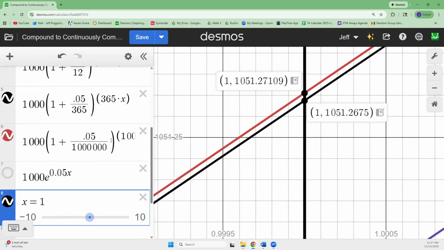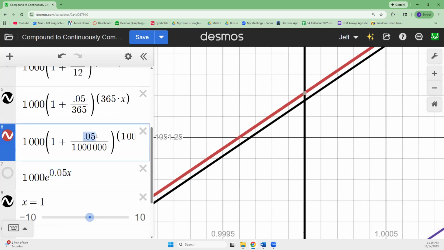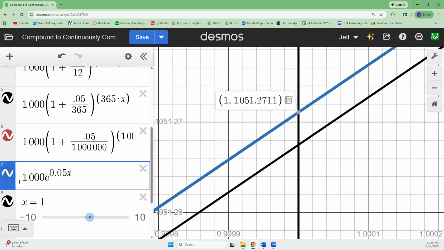Because the increase is getting smaller and smaller, you can actually compound continuously without it being infinite money. That leads us to this thing over here, 1,000 e to the power of 0.05x. You see it basically overlaps the previous number.